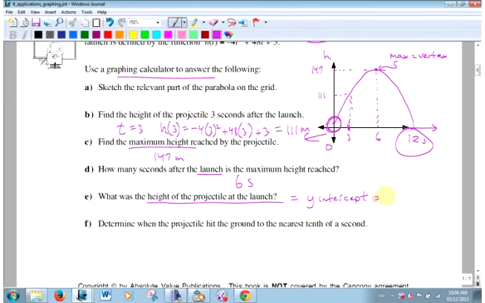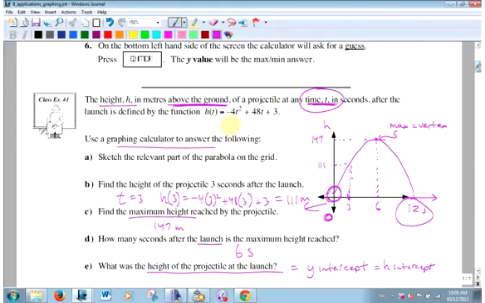Yeah. That's my h-intercept, right? That's when the time is 0. Is that pretty easy to figure out algebraically? If I put 0 here and 0 here, what's the height? Yeah, it's 3. Don't even bother bringing out your calculator, okay?